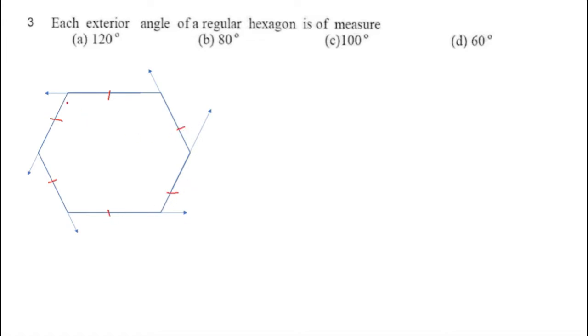If each of these angles is equal to each other, then there will be 6 angles. 6 times the angle will be equal to the total sum of the angles. So if I consider the angle to be A, 6 times A is equal to the total angles, given by n minus 2 into 180 degrees. So 6 minus 2 into 180 degrees.